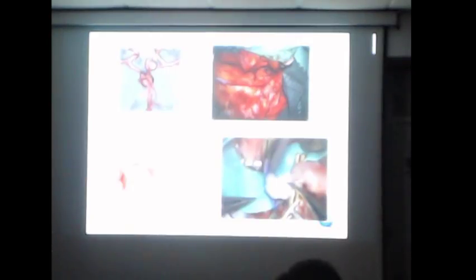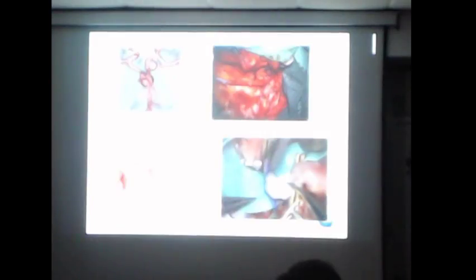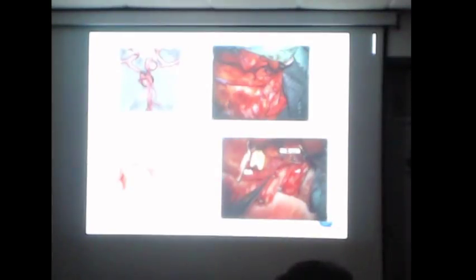This is the schema of the operation. I'll show the video. So the radial artery is anastomosed to the callosomarginal artery.